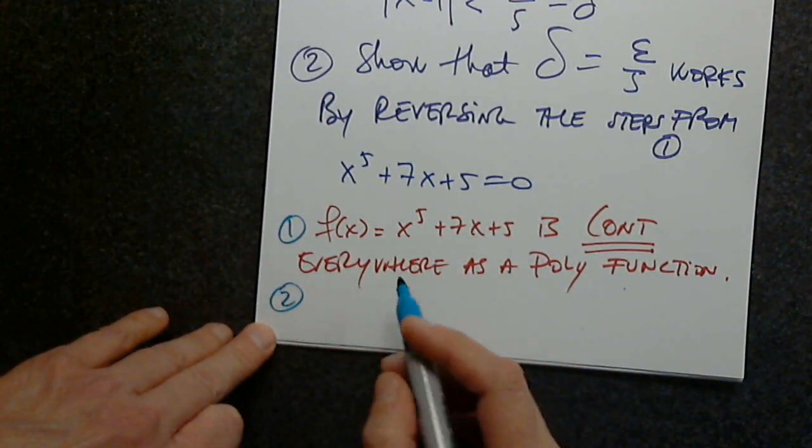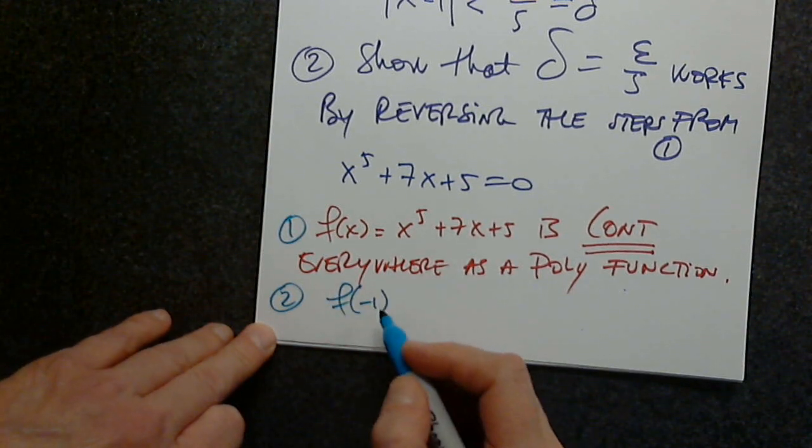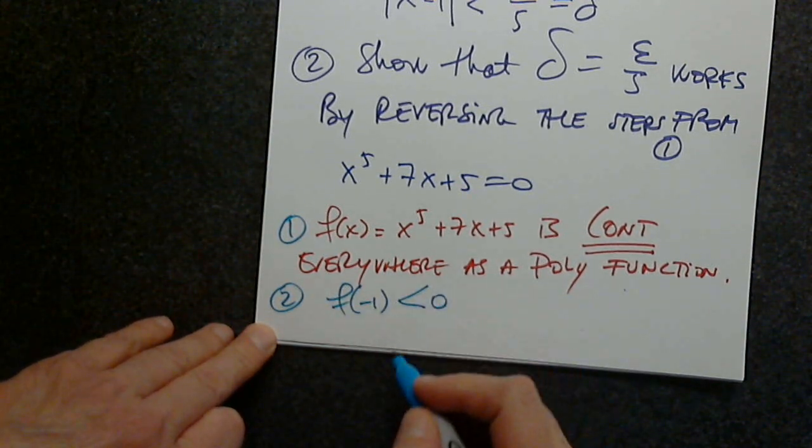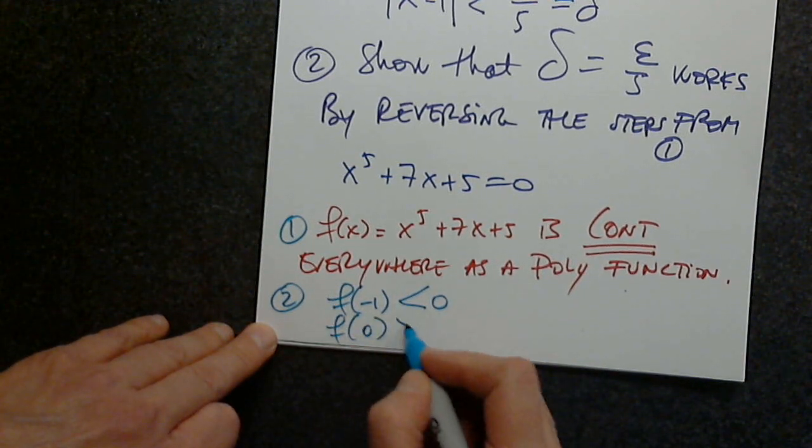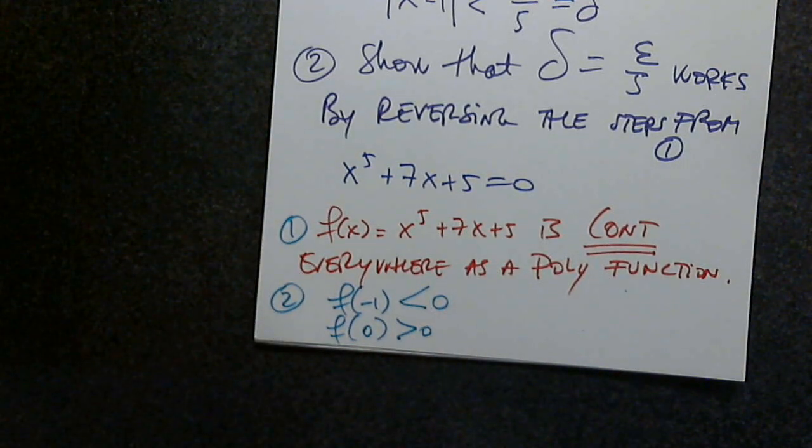The second hypothesis, I will say that f of -1 is a negative number. You don't have to copy the value. It's not important. And f of 0 is positive. That's sufficient. In other words, the function is continuous everywhere, it's continuous between -1 and 0, and it changes sign.